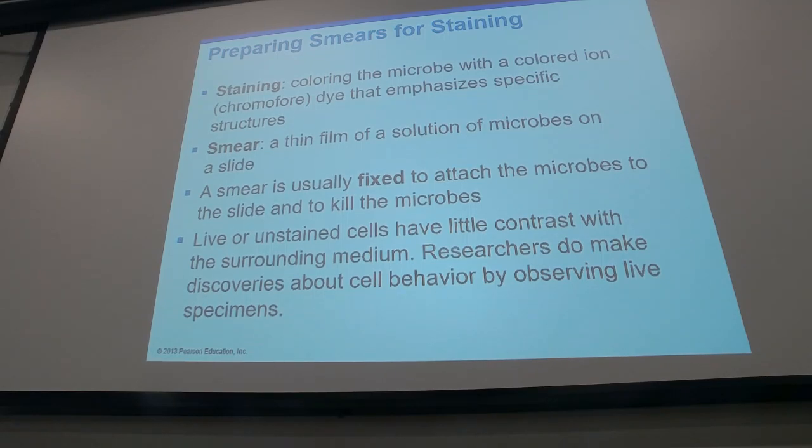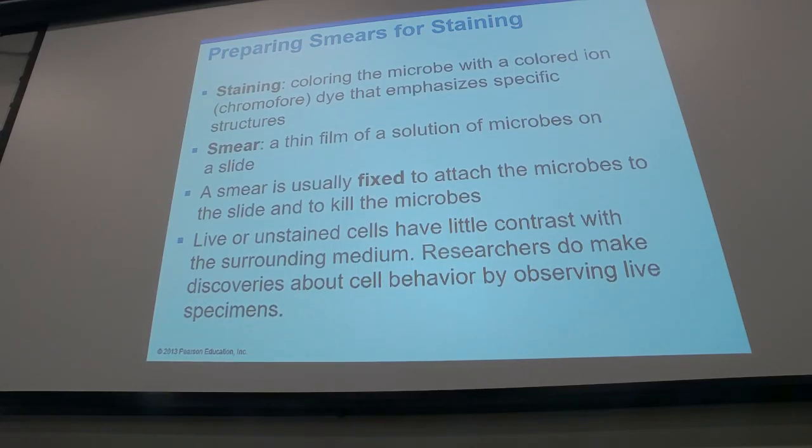So staining is basically the technique used to make objects visible with the aid of a microscope. Most of the time these objects don't have fluorescence of their own, or they cannot be seen because they are transparent without the aid of dyes. So in this case, you would use chromophores or dyes.